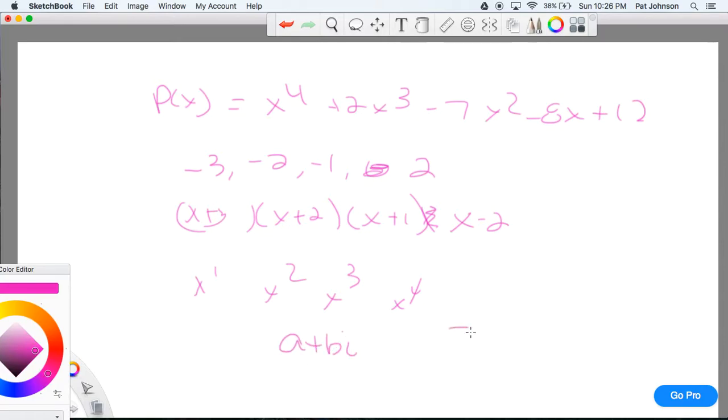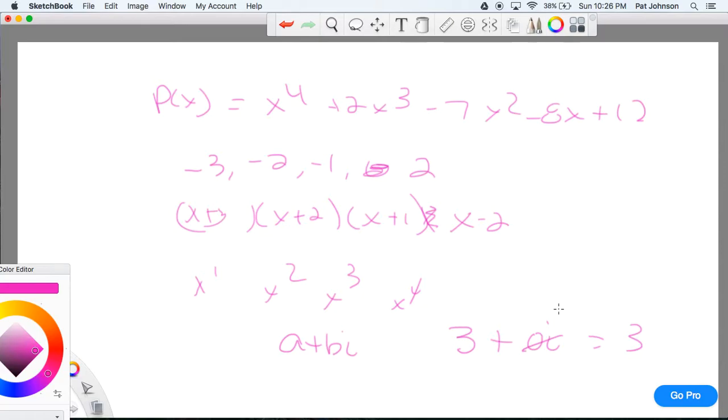We said we could have 3 as a complex number because it could be 3 plus 0i, which is the same thing as 3. So we have to go back and remember our definitions. Since all real numbers are part of the set of complex numbers, all polynomials with a degree of at least 1 will have at least one root in the set of complex numbers. This is called the fundamental theorem of algebra.